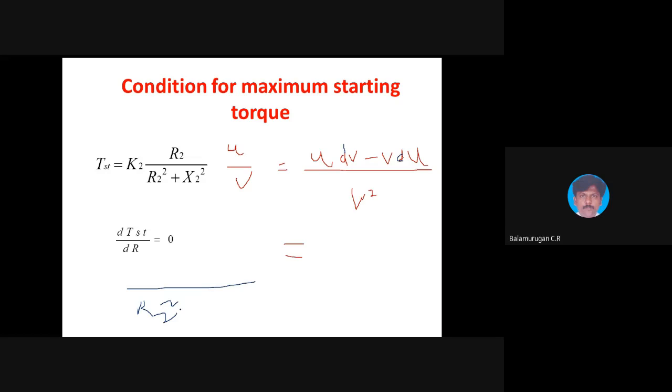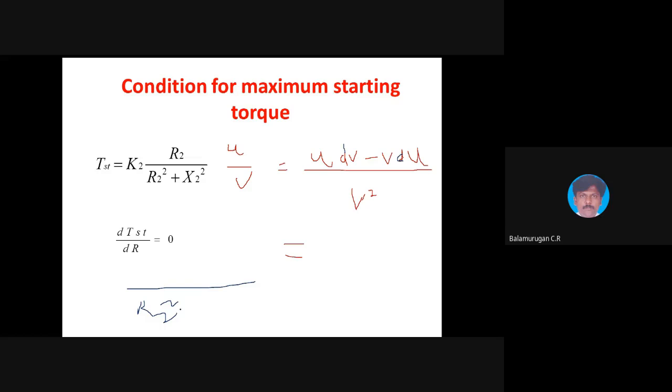So this denominator, taking it to the other side, becomes 0. Solve only the numerator. What is in the numerator? The first term is 2R2 squared. So you can make this 0. Taking it to the other side, we'll get 2R2 squared minus R2 squared plus X2 squared equal to 0.